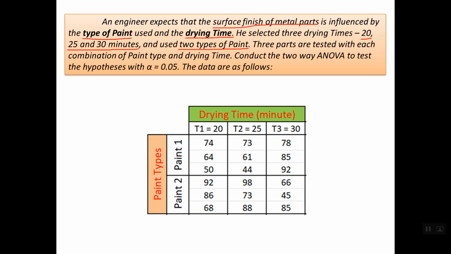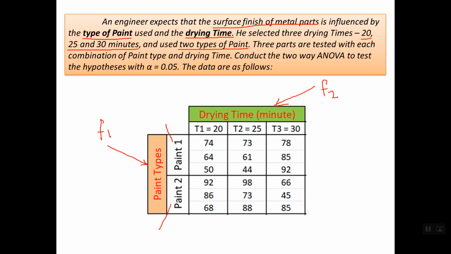So for our question, we have 2 factors. The first one is the paint type. So this is factor 1. And the second factor is the drying time. So this is factor 2. For the first factor, which is the paint type, we have 2 levels. We have paint 1 and we have paint 2.